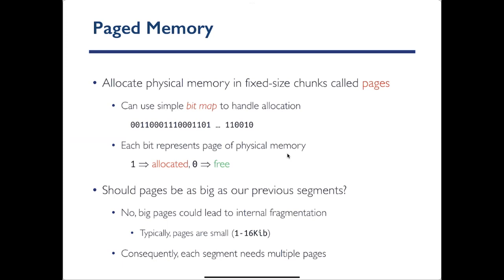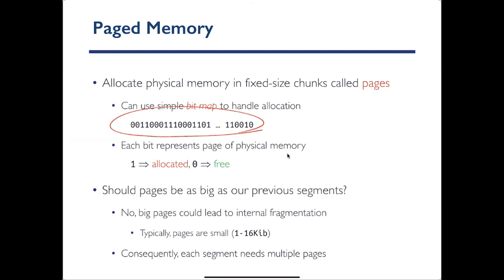Now you can track what pages are available and what pages are not available by just looking at a bitmap of your physical memory. So basically this bitmap here shows you can have a single bit for every page in your physical memory, and 0 could mean that this page is not allocated, and 1 could mean that this page is allocated.